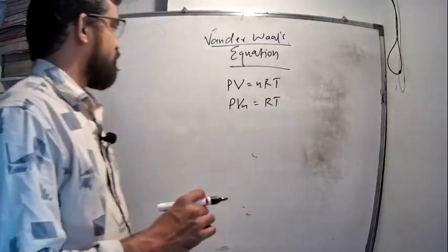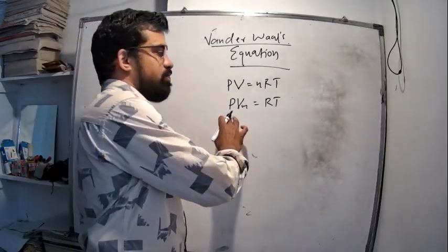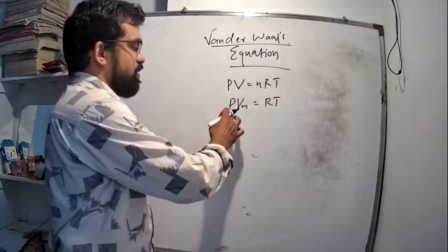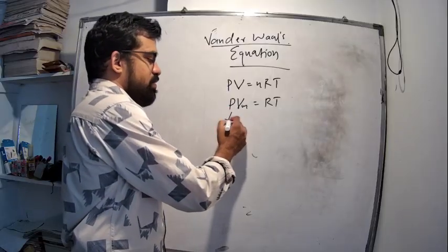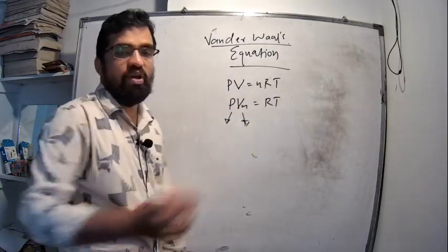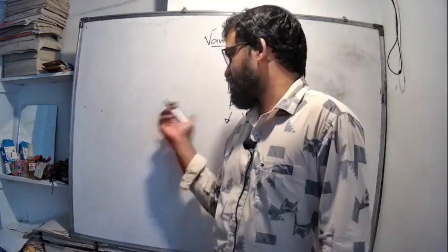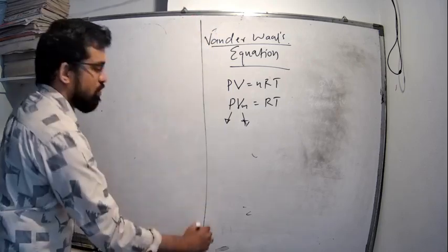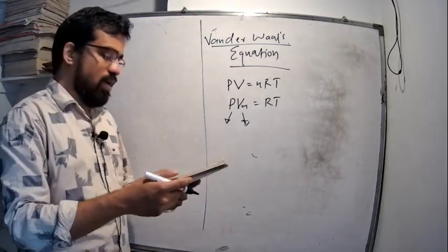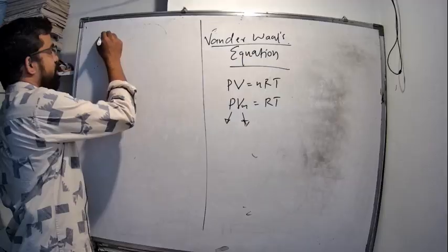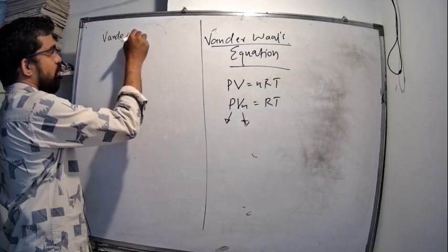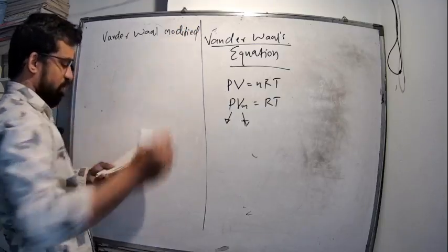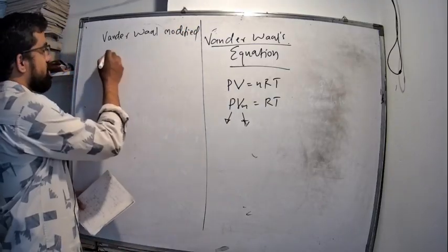Here in the Vanderwaals equation, the ideal gas equation has been modified by Vanderwaals by introducing two corrections, that is, volume correction and pressure correction. Let us see what those are. Vanderwaals modified the ideal gas equation.